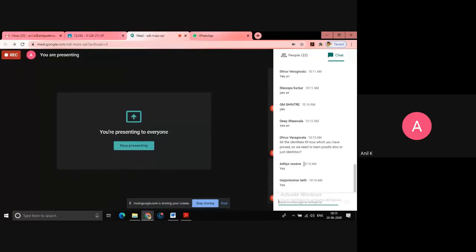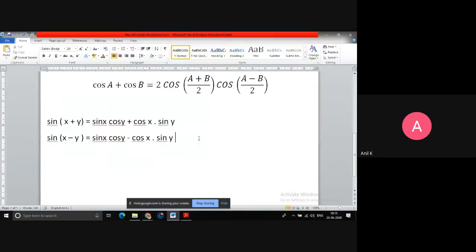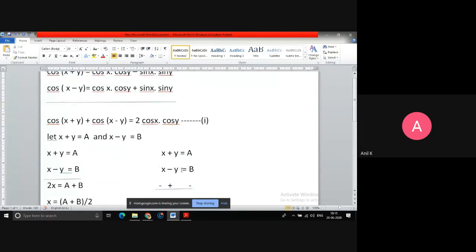So the identities till now which we have proved, do we need to learn proofs also or just identities? Just learn the identities. Proofs I am explaining. If I give all the 21 identities on the paper, you'll get confused about where you got these identities, how these identities are derived. But while solving the questions, you may need a few steps from these proofs.